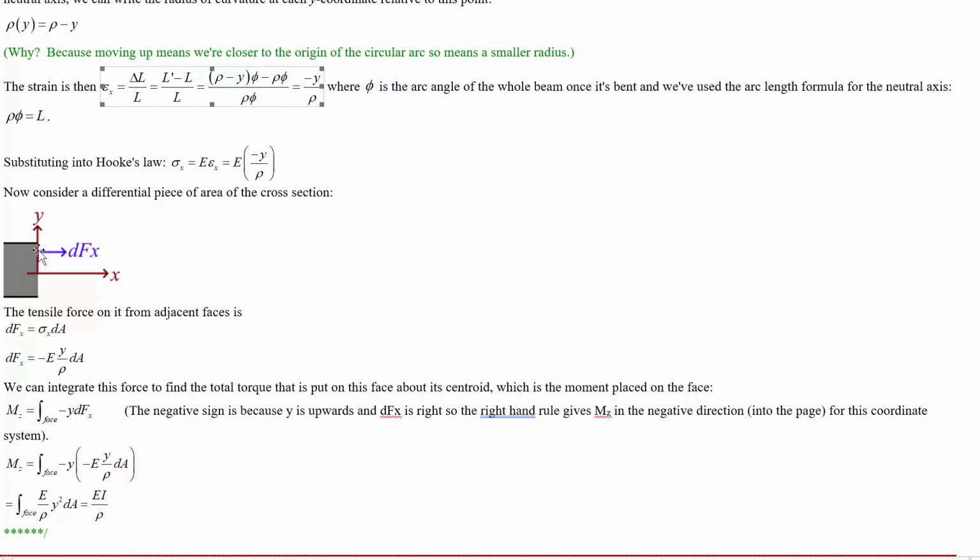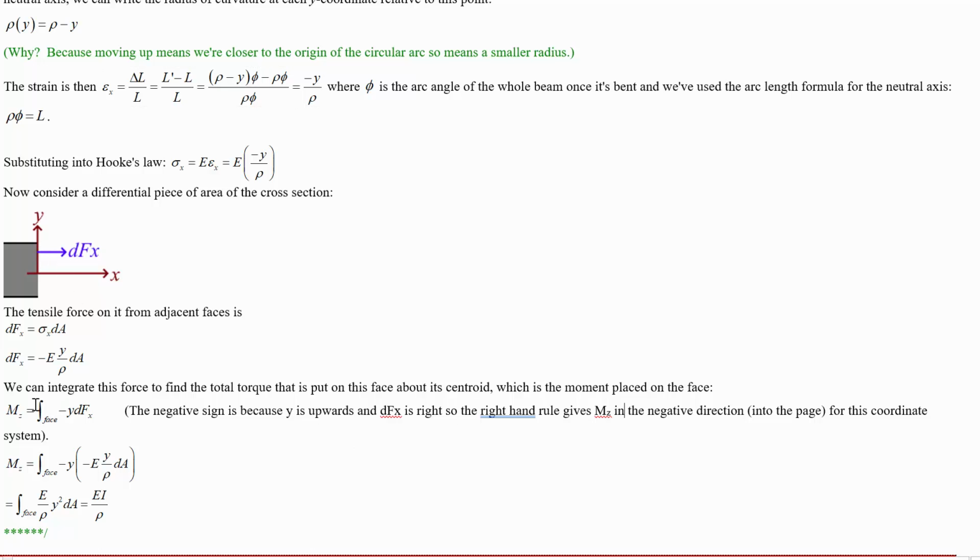And the stress above this is going to lead to a little bit of a force over area dA, and dF is equal to sigma dA. So if we substitute the stress that we got, we have a little bit of a force at position y, which is negative E y over rho dA. And we can integrate this to find the total torque on this face produced by those stresses.